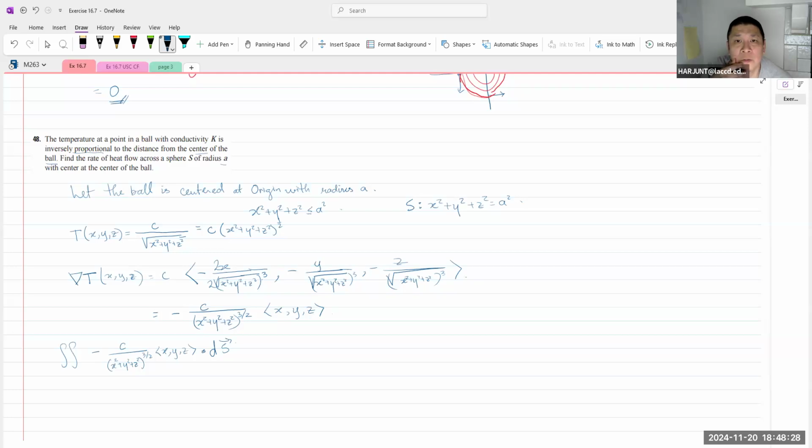Okay. Now the thing is, this is a full ball, how do I parameterize it? Let me parameterize that using a sphere. So I will parameterize this surface by r of phi, theta equals a sine phi cosine theta, a sine phi sine theta, and then a cosine phi.